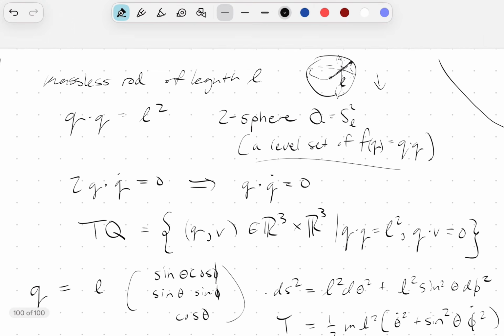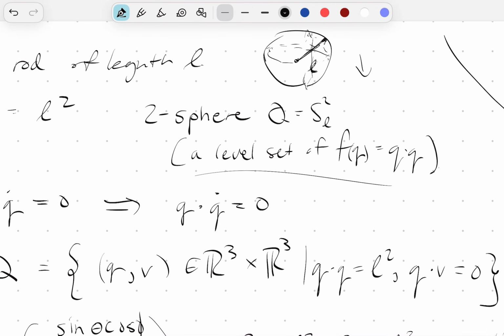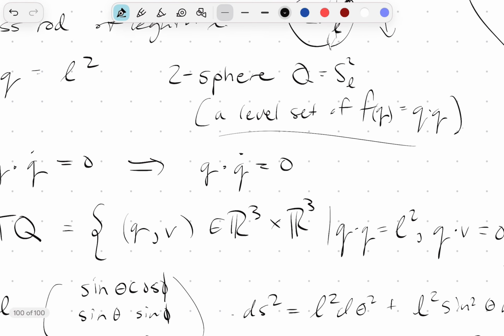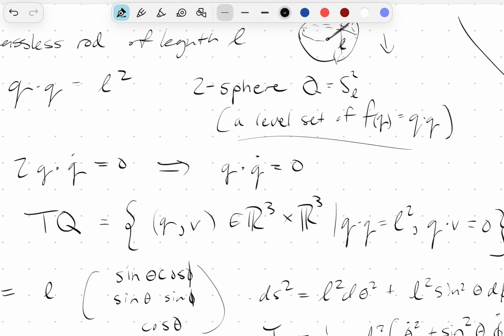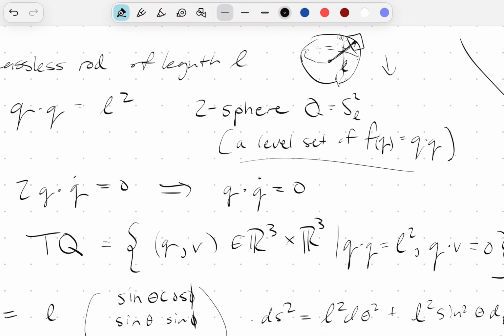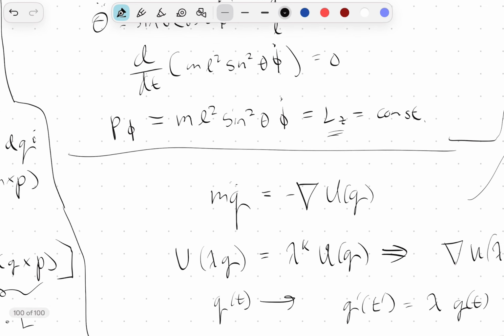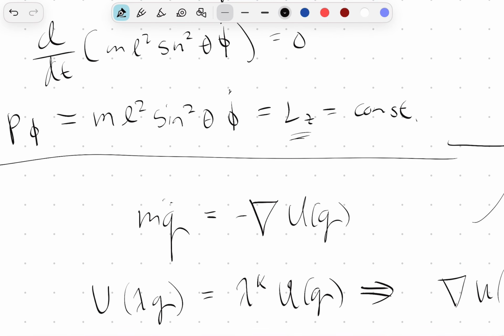And the spherical pendulum really illustrates them all together. You have a rod that constrains a position to S2, and then to its tangent planes, and the rotational symmetry about the vertical axis will generate this conserved quantity.